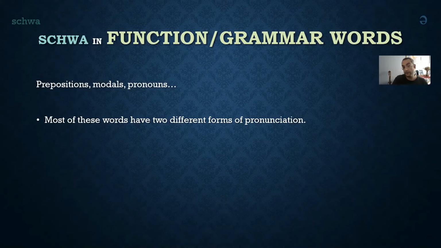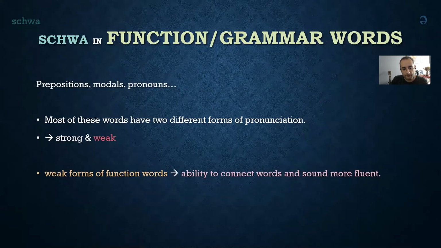Now, this is very, very important, guys. This is where connected speech, word linking comes into play. They have strong pronunciation and they have weak pronunciation. And we will look at weak pronunciation, okay? And in all of those weak pronunciations, we will see schwa, okay?